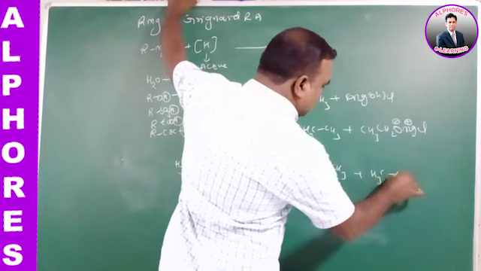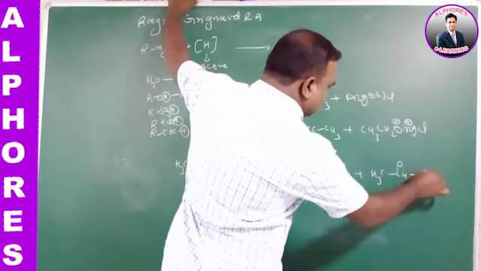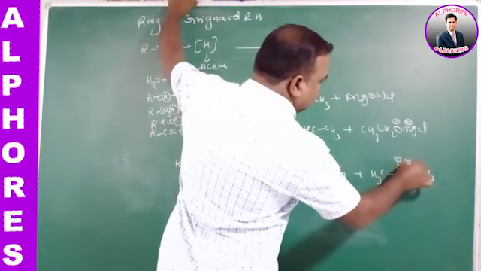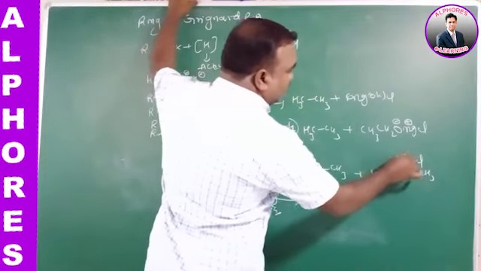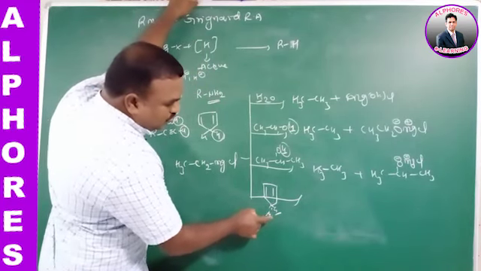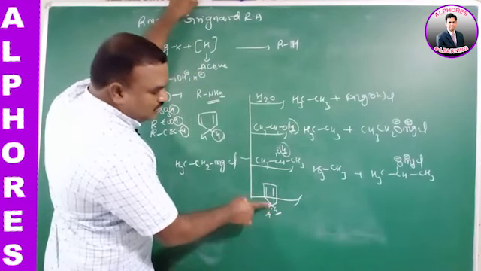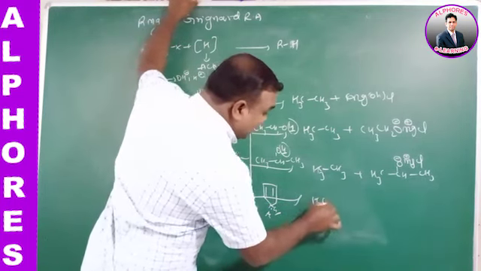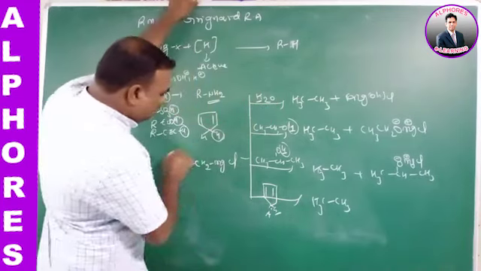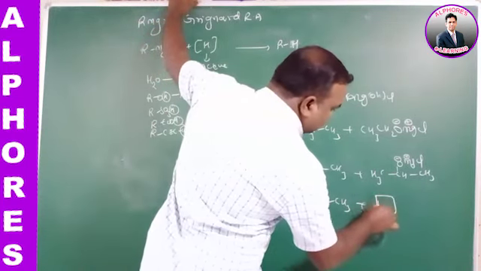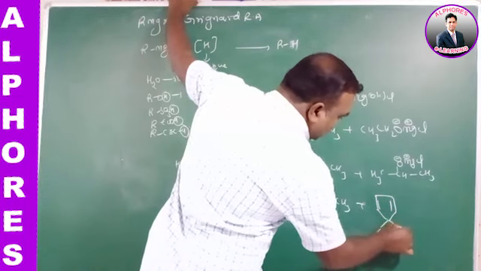Here CH3CHO-MgCl, with Mg+ and Cl-. How many active hydrogens? Only one active hydrogen, even though it carries two hydrogens. So again an ethane molecule, R group plus active hydrogen, plus H-MgCl.